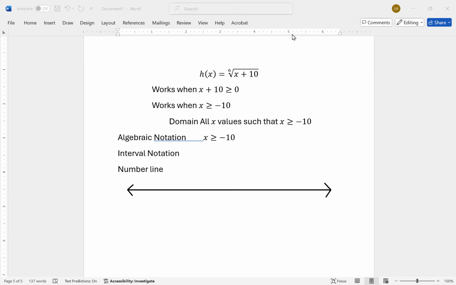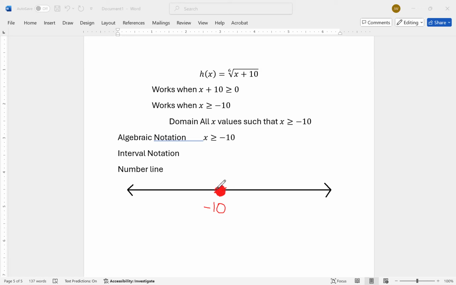So for the number line, what we would do is we'd make a mark where -10 is. And then because we can touch -10, we'd draw a circle and we'd fill it in. Obviously, in this, what I'm doing with annotations, it's kind of hard to fill in completely a circle.